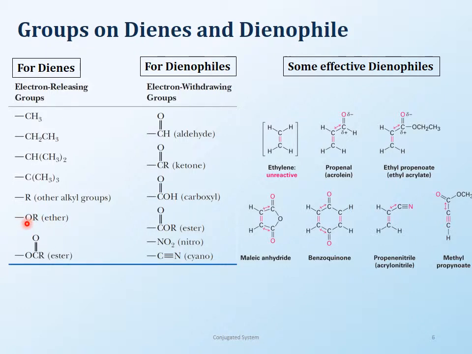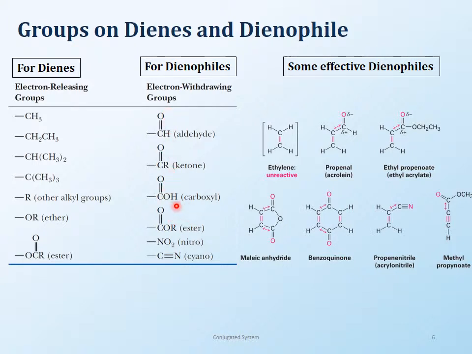However, because it is directly connected to the double bond, the lone pair of electrons can delocalize over the double bond. However, in these cases here for the dienophiles, where you have the electron withdrawing groups, which also have oxygens, the oxygens are not directly connected to the double bond, and so therefore they become very good electron withdrawing groups.